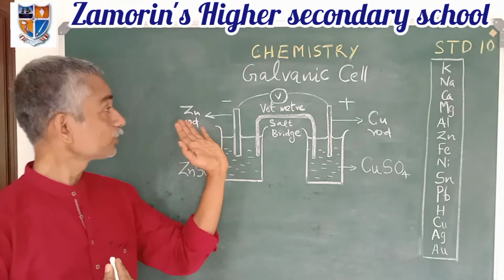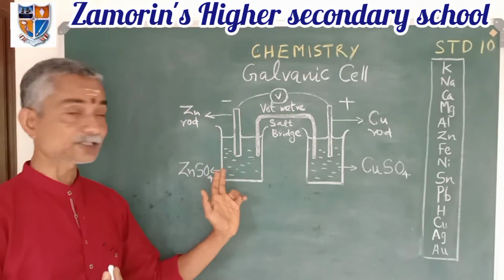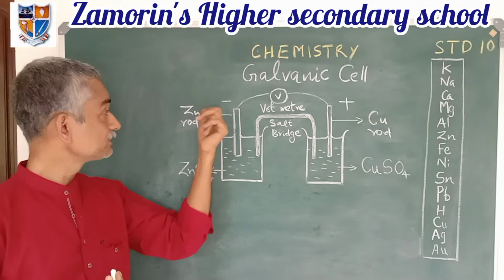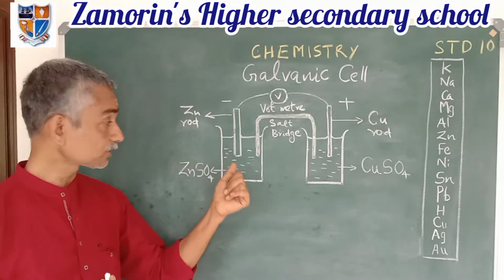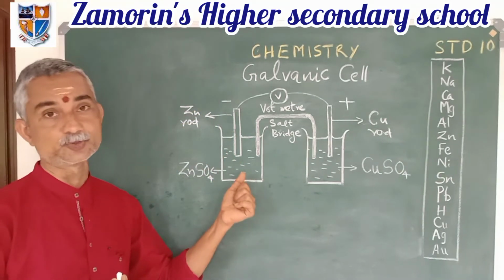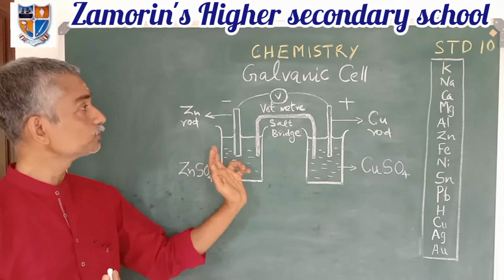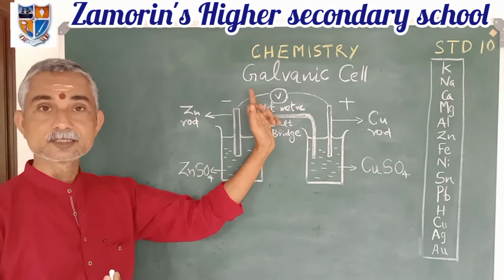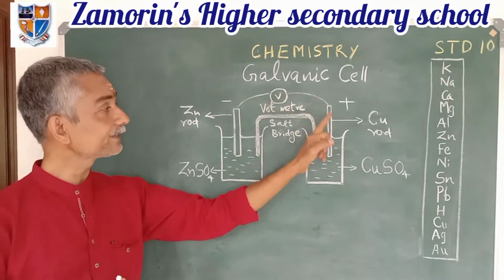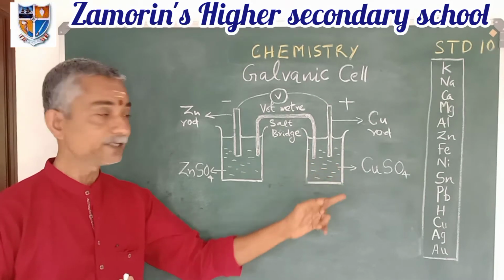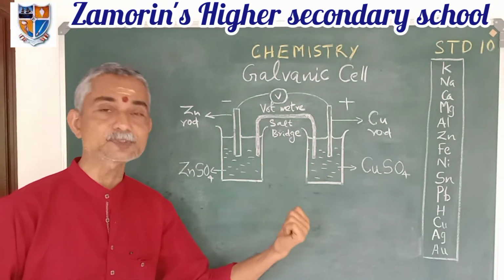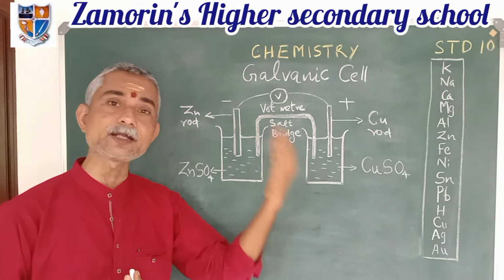Okay, so the electrons which come out from the zinc rod to the zinc sulfate solution will move to this part through the voltmeter and come to copper, and here copper accepts those 2 electrons and becomes copper.